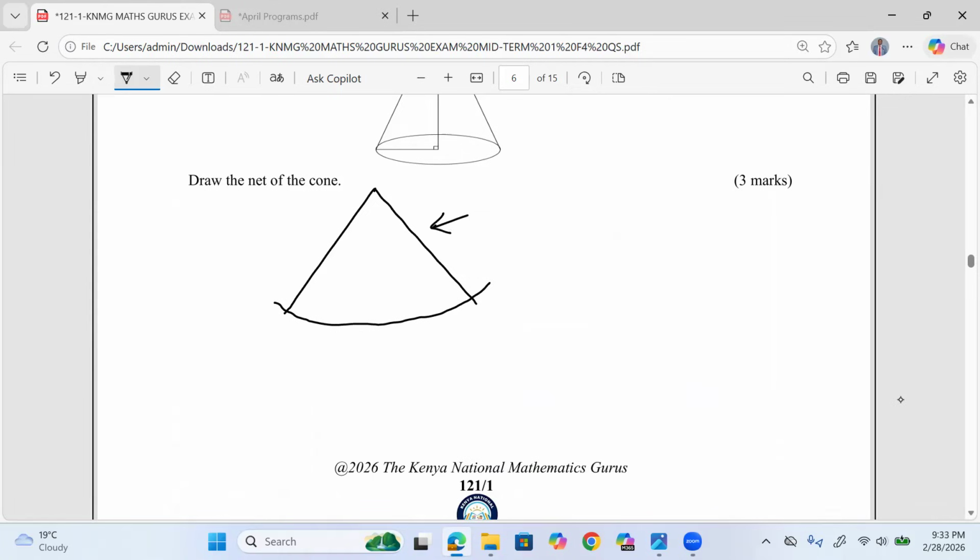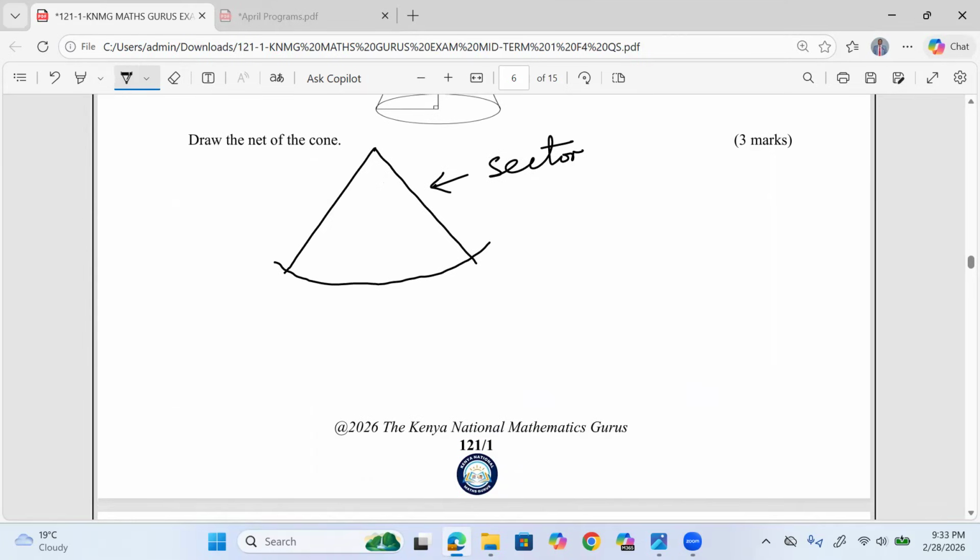So this is a sector. When you fold a sector of a circle, you get the curved part of a cone. Please try that one at home. Then now, we should have a circle here for the bottom surface, which is circular.